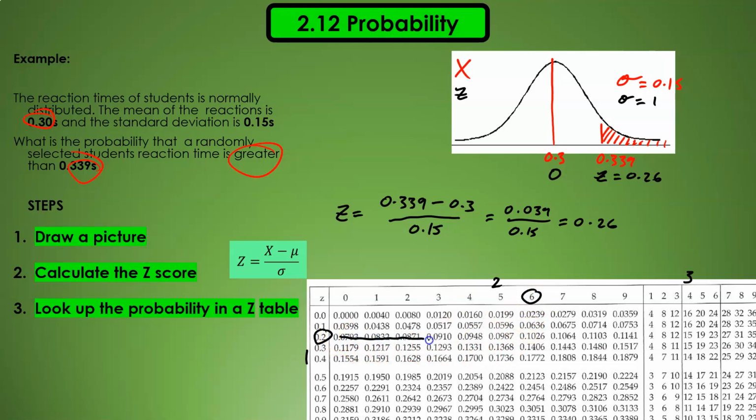So we are measuring all the way across to there. That gives us that the area, in other words this area, is equal to 0.1026.